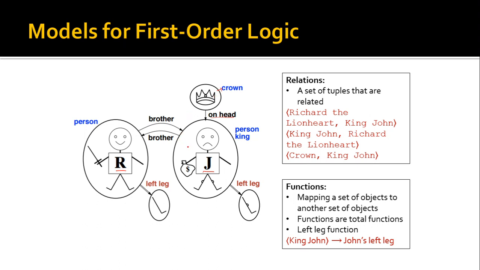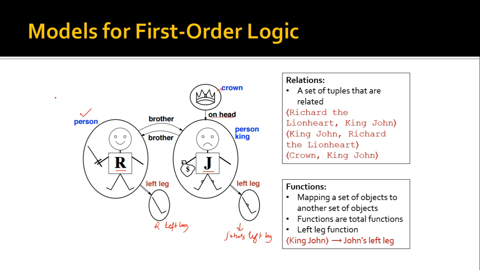And John is a brother of Richard, and Richard is a brother of John, and Richard has a left leg, so this is basically Richard's left leg, and this is the left leg of John, which is John's left leg, right? Now how do we represent this person?